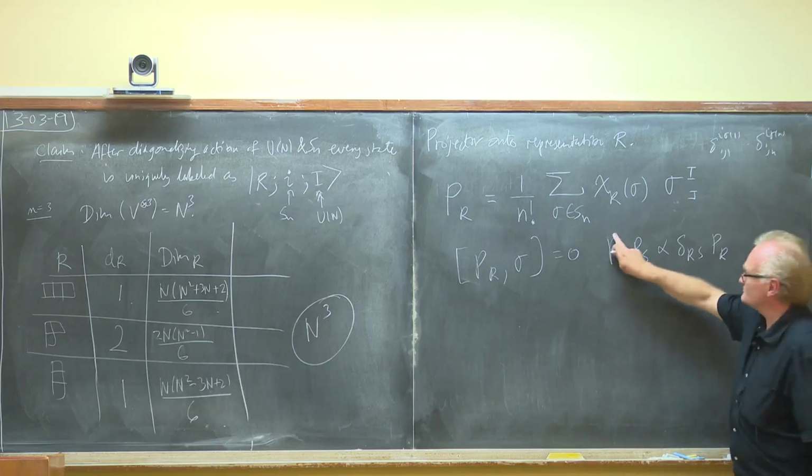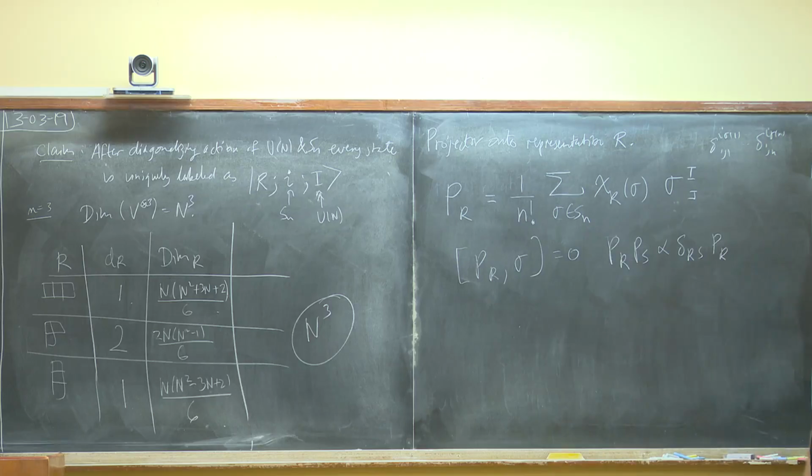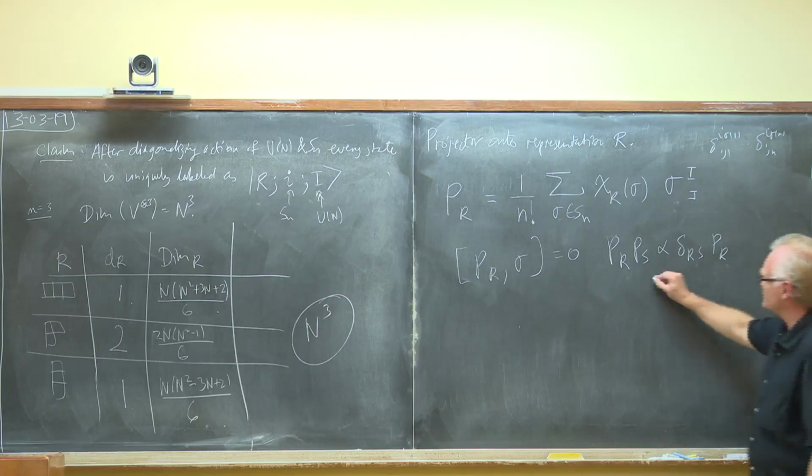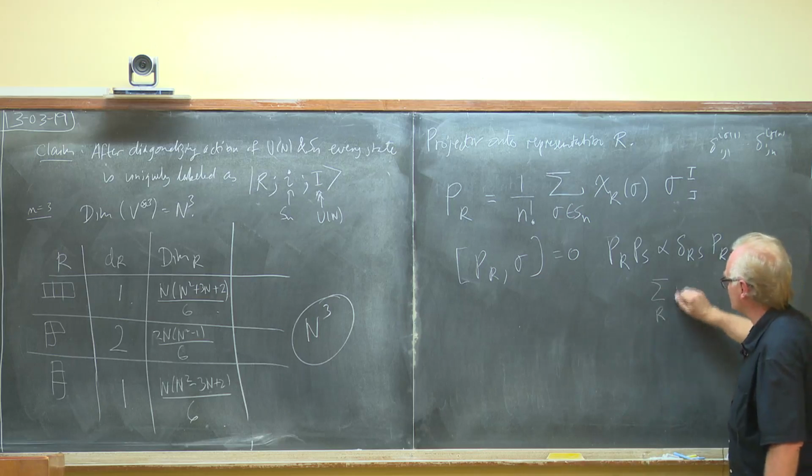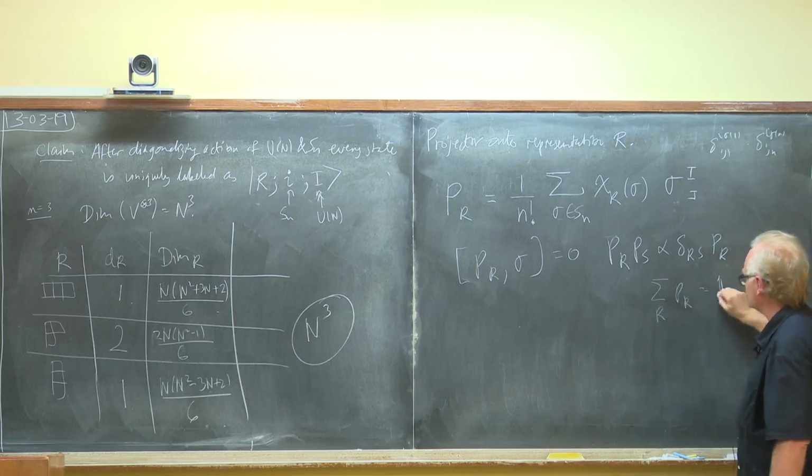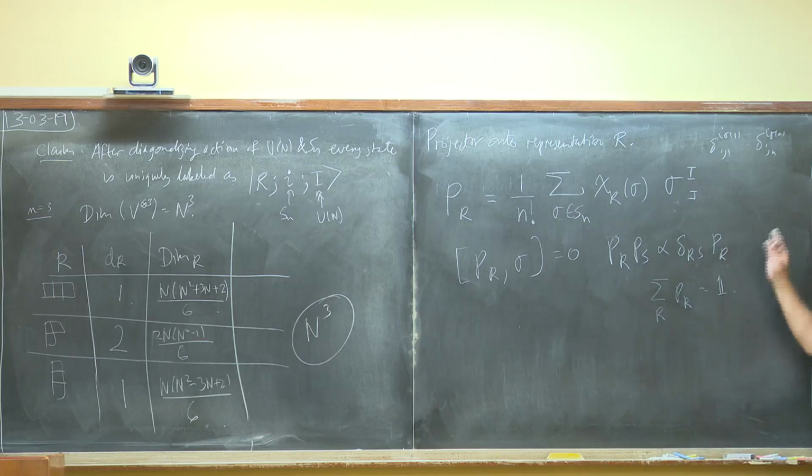And a product of 2 of these projectors is proportional to delta Rs, so 0 if they're not the same, proportional to the projector. We will need this proportionality constant just now, so we'll talk about how to get it. And so it's a projector. And of course, if we take the sum over R of PR, you just get the identity. So all of the things that you would like for a set of projectors.